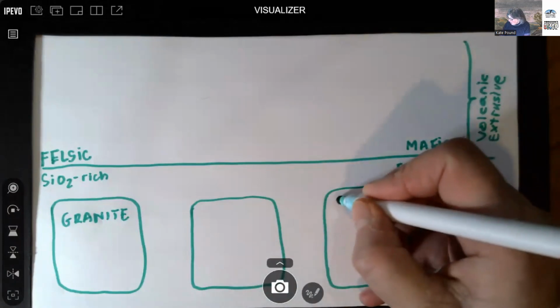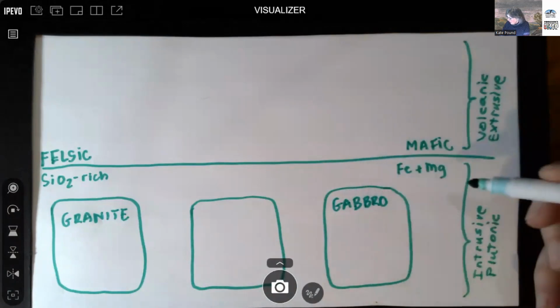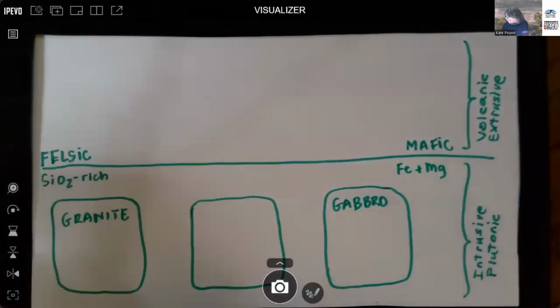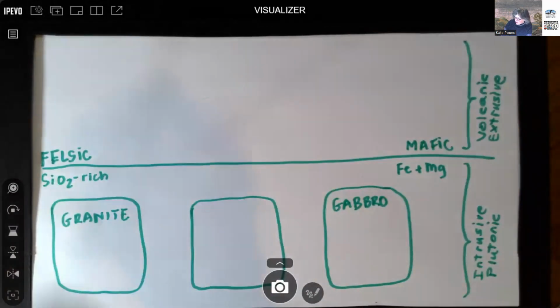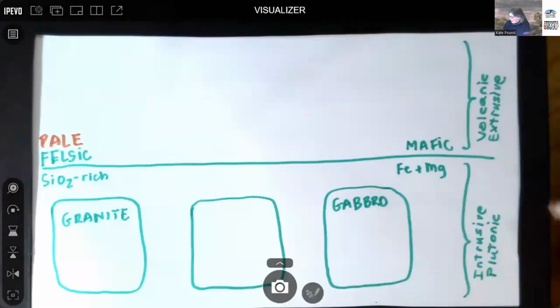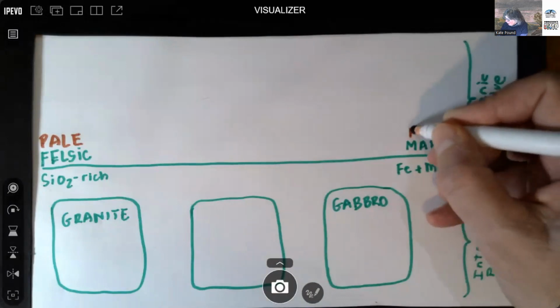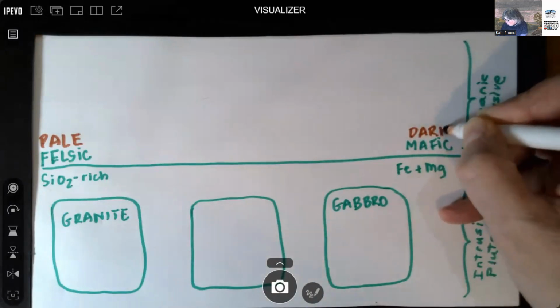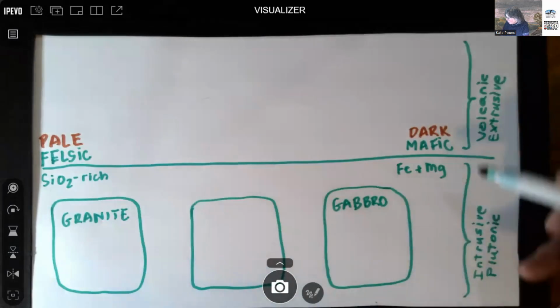Over on the right, we've got a gabbro. Now, there's something else I forgot to add to this diagram. Generally, once you're on the felsic side, we're dealing with pale colored rocks. And you'll learn about the exceptions in a moment. On the right-hand side, we're looking at dark colored rocks, sort of blacks and dark greeny gray colors. So granite is paler and gabbro is dark colored.